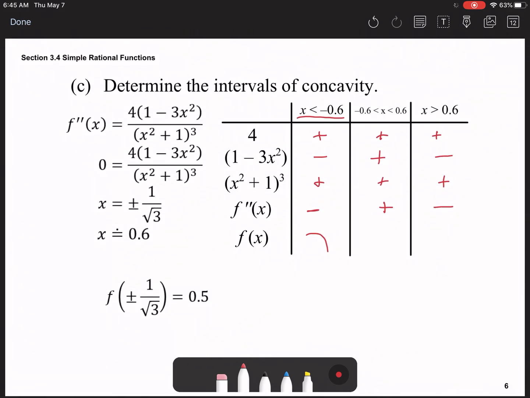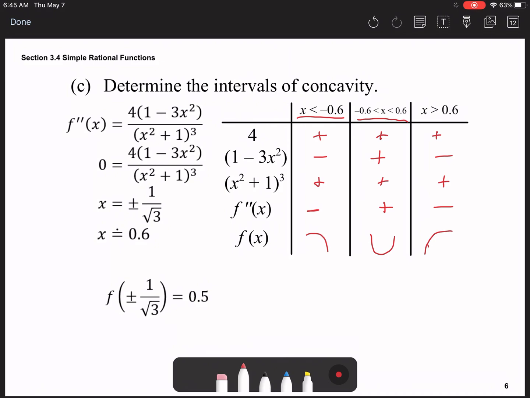And now it's going to be concave up between negative 0.6 to 0.6. I'm going to use this shape to represent my concave up. Or you could just state concave up, concave down, and so forth. And then this shape would be concave down again.